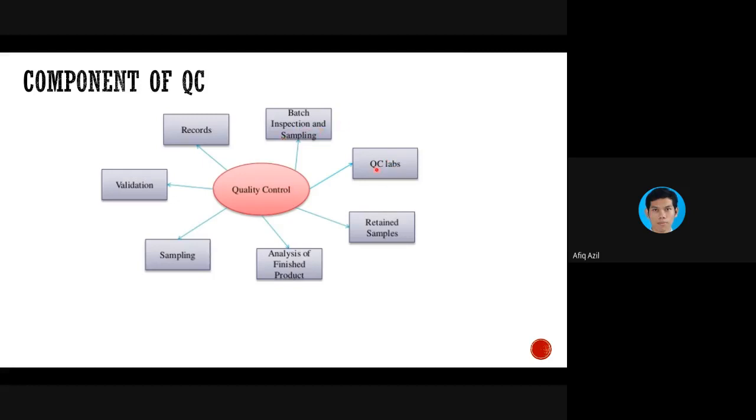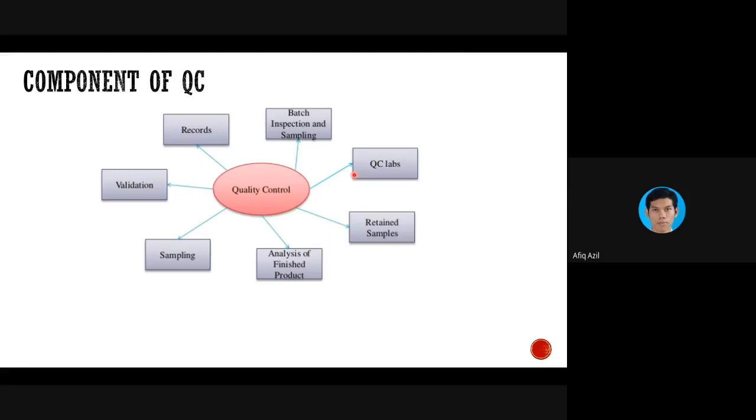And then in your QC labs, the instruments and the personnel, the people inside, are also important. All of the analysts, the ones that are going to do the test, need to be certified, need to be competent.